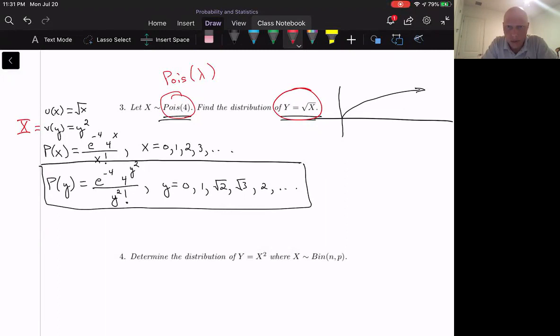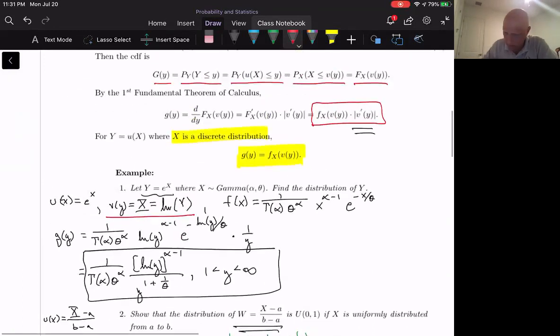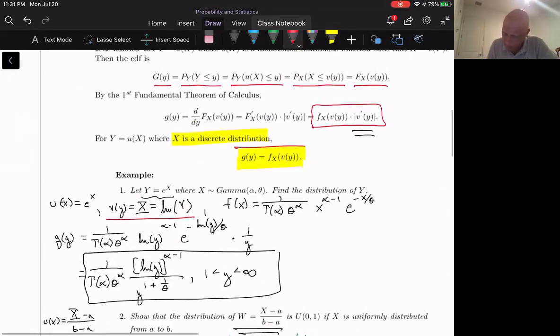Sydney, does that answer your question, or is there something else? So x is y squared, so you replace 4 to the x with 4 to the y squared. Well, you replace x with y squared because right here it says that you're evaluating the f of x function at v. So since v of y is y squared, wherever there's an x, it's a y squared now.